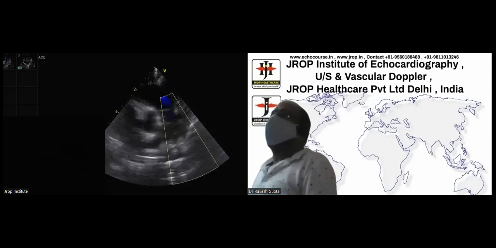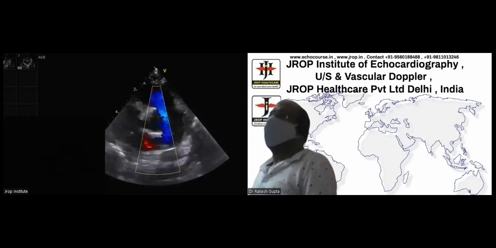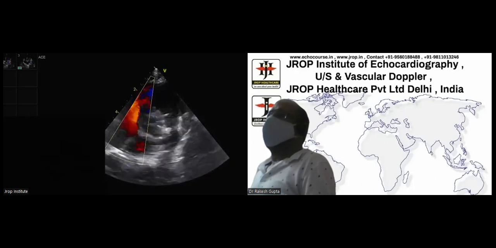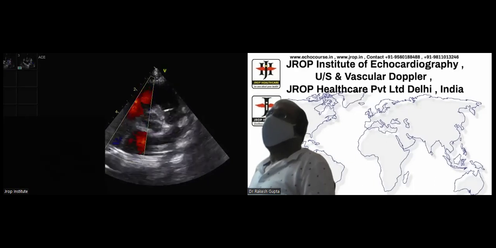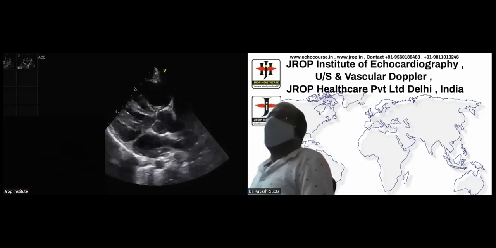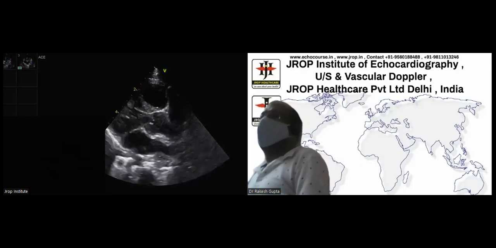In this, we see a descending aorta, no PDA, and here is the aorta in the center, and then we see some amount of color flow across this interventricular septum through this particular part. So what possibly looks to be a perimembranous VSD again in this patient. In this patient, I have to really measure this LV.